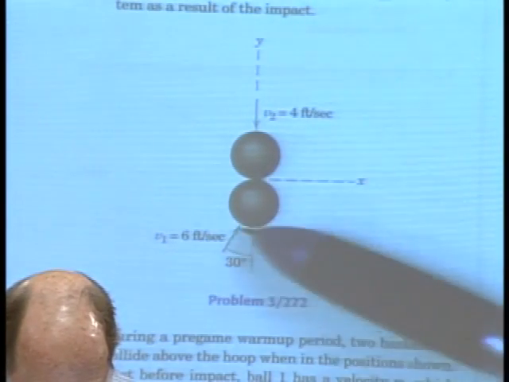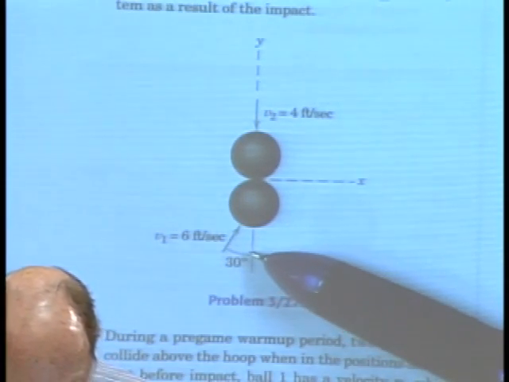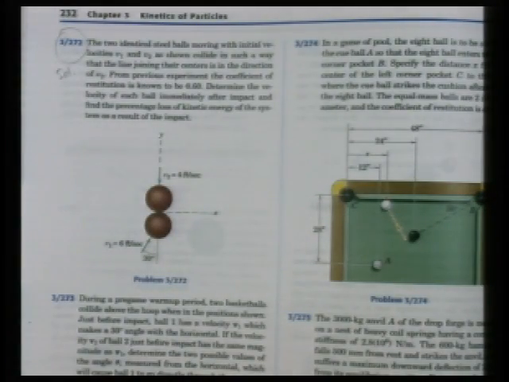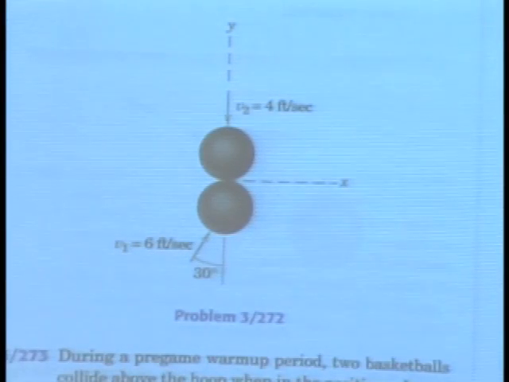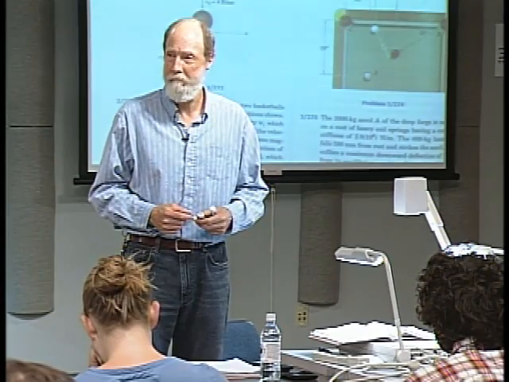What we want to know is the velocity immediately after impact, and then the percent loss in kinetic energy in the system. They don't even give us the masses, but they just mention that they're identical. So that's going to imply that the masses are going to drop out of the solution process. Any questions on that? Okay.